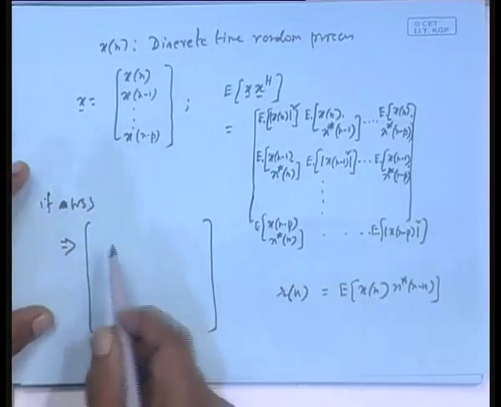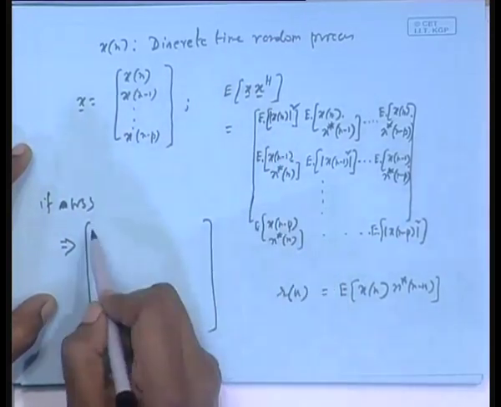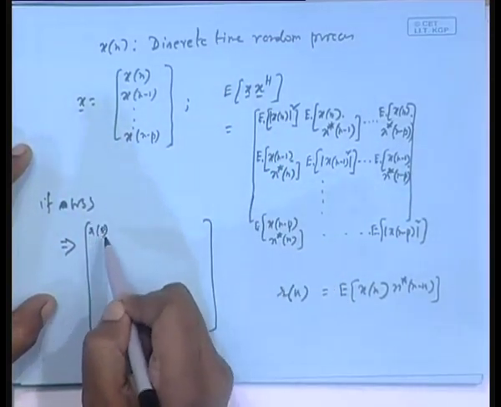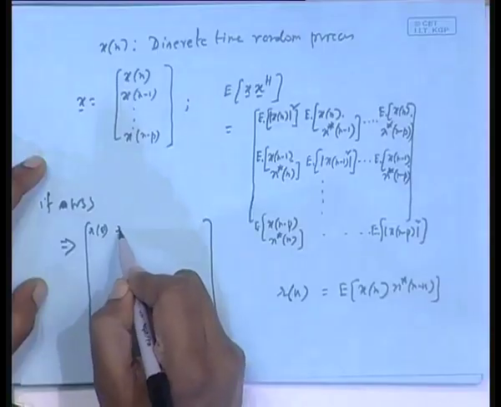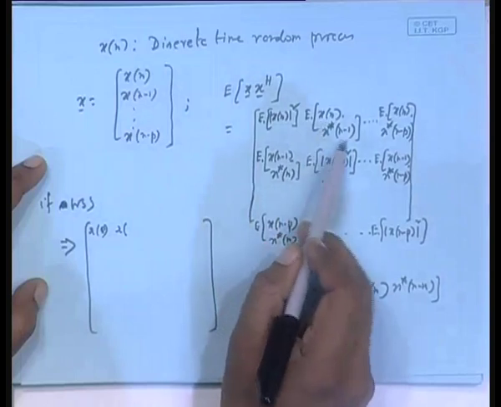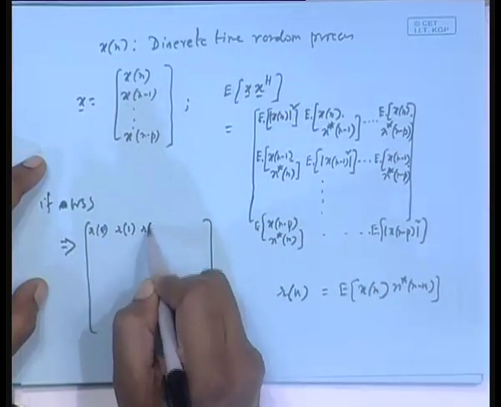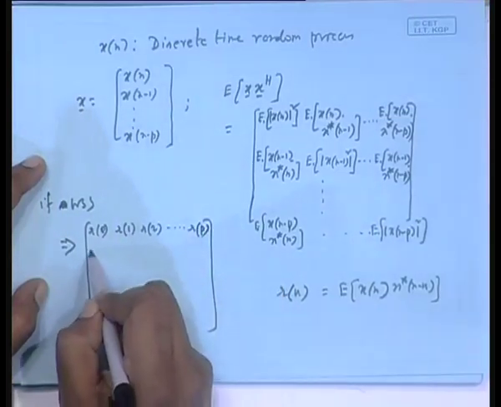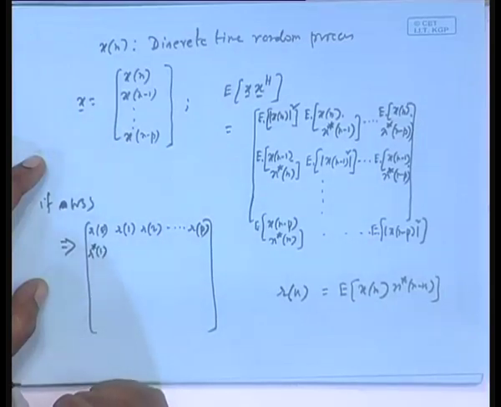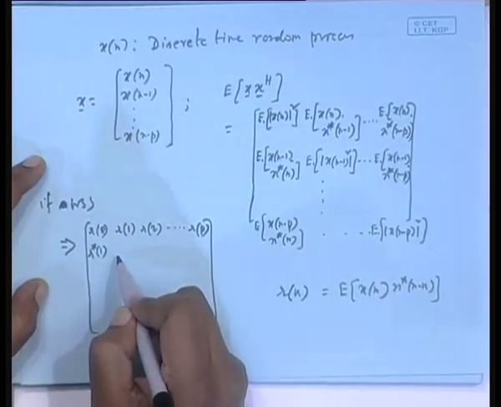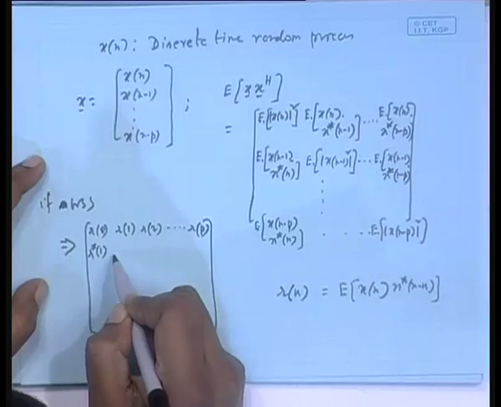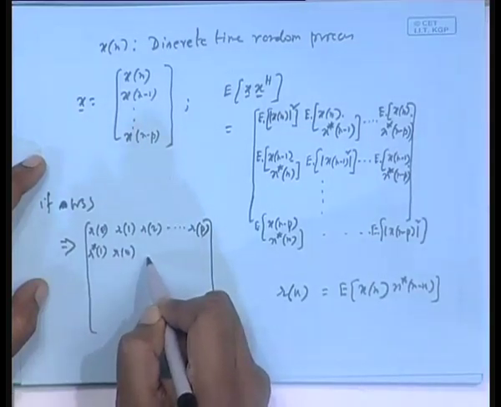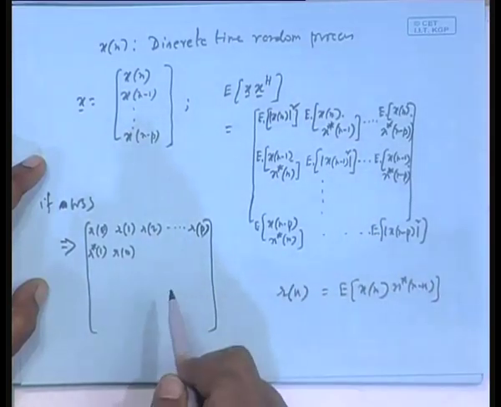With this definition in mind, what is the matrix? The first one will be R0, the expected instantaneous power R0. Then please see this, what is this? R1, then R2, dot dot dot Rp, and obviously below it will be R star 1, Hermitian property. Then again R0, then what will be the next one?